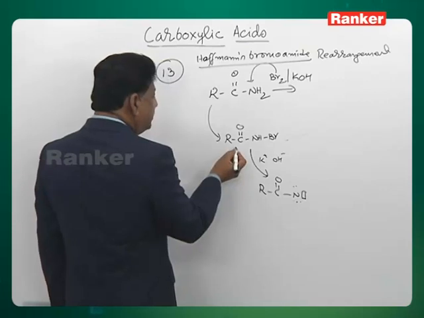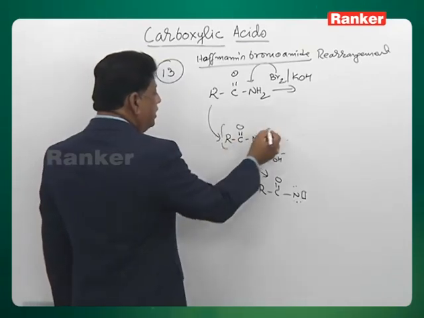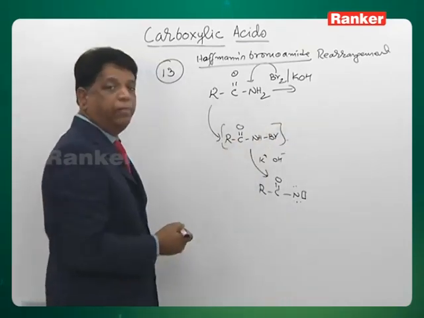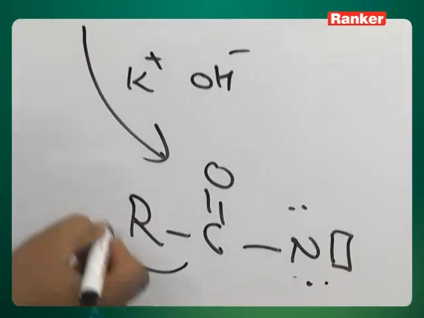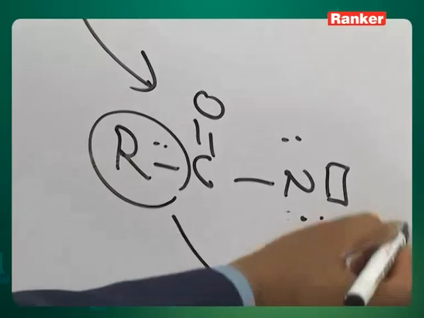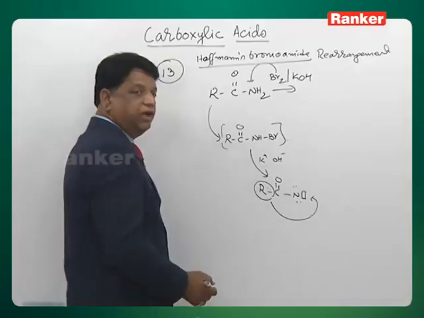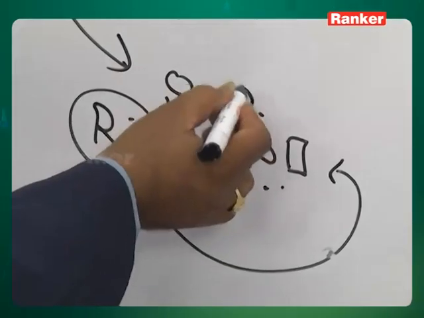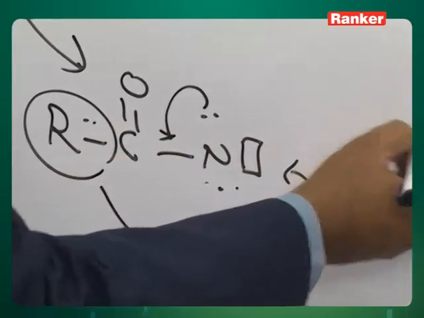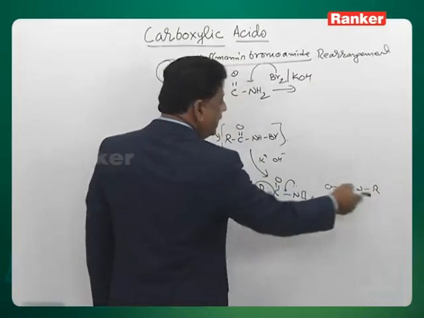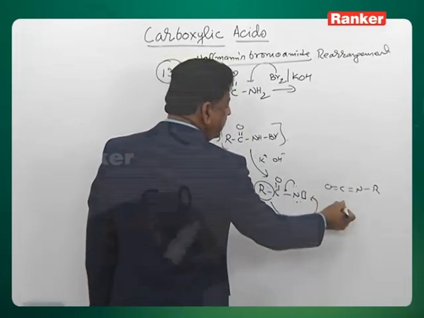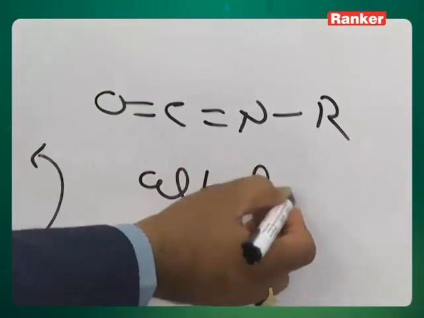The first one is an intermediate species, N-bromoamide. The second one is called acyl nitrene. Then the alkyl group, taking 2 electrons, jumps onto this electron deficient nitrogen. The lone pair will be coming here, making C double bond O and double bond N with the R. This is called alkyl isocyanate.